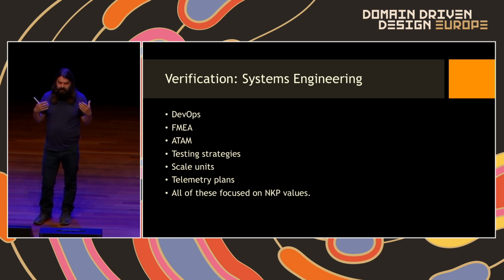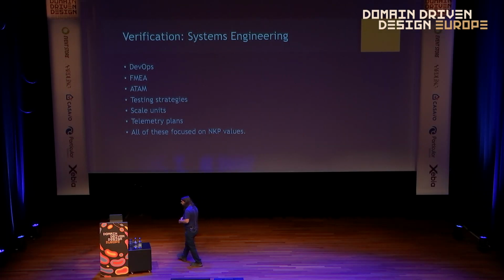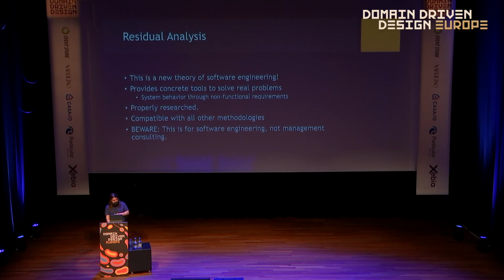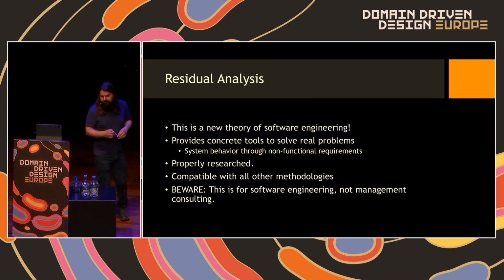So things like, you'll get 90% of the way with a simple failure mode effects analysis. But standard architectural tools, good testing strategies, ideas around scale handling and telemetry, keeping that focus on NFRs all the time. And so what we actually have here is a new theory of software engineering.